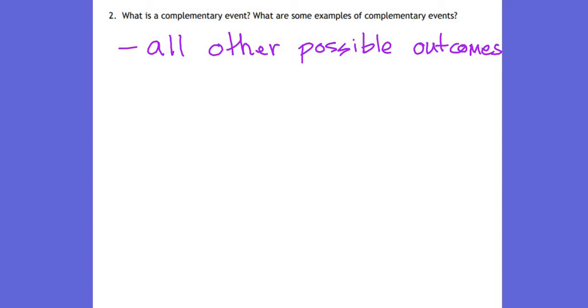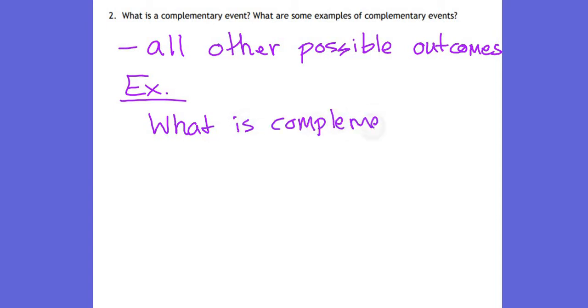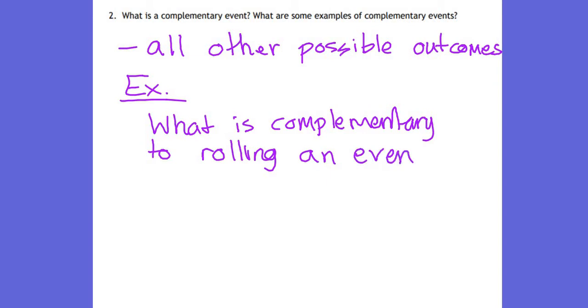We need to write an example down so that we know, so let's write this one down. What is complementary to rolling an even number on a die?